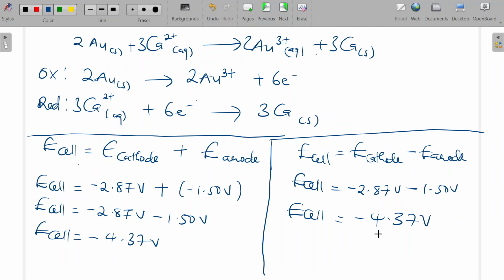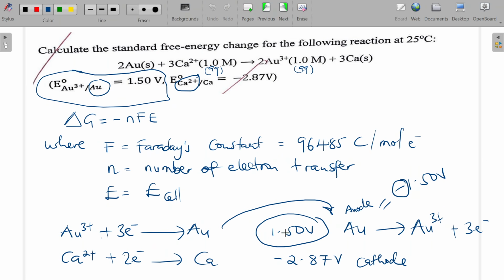I'm not clear on how you identify which formula to use. On the formulas, you can use any, but on applying them, that's where the important thing is. If you want, you can use this one, or you can use this one. Me, I like using this one because when I change a reaction, I also change the voltage, which makes it easy for me to just start plugging in.